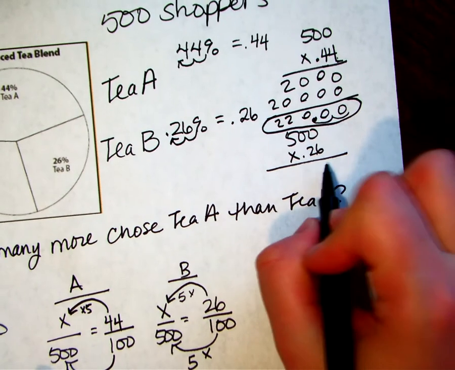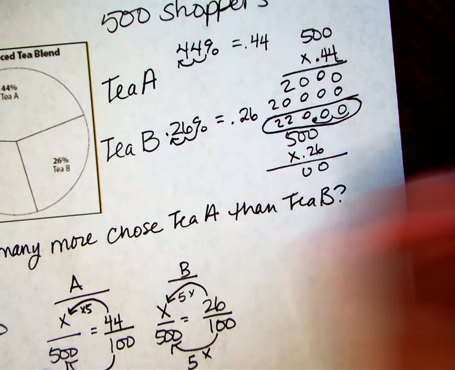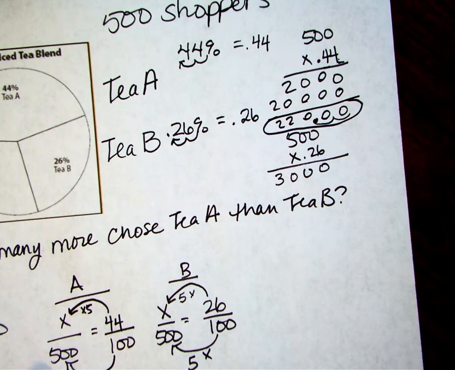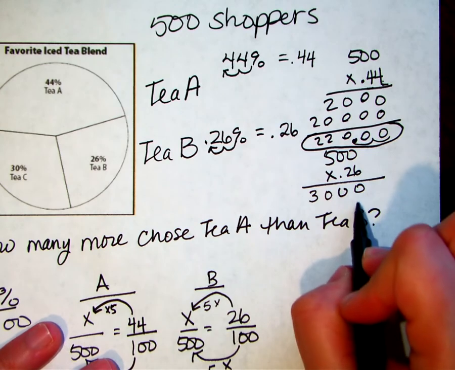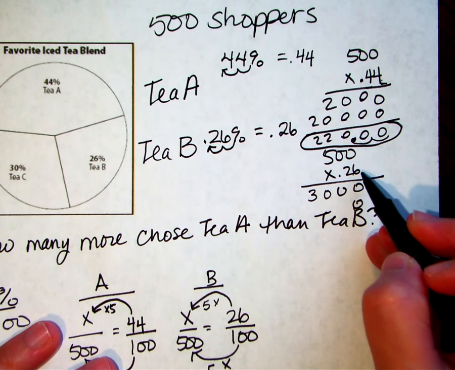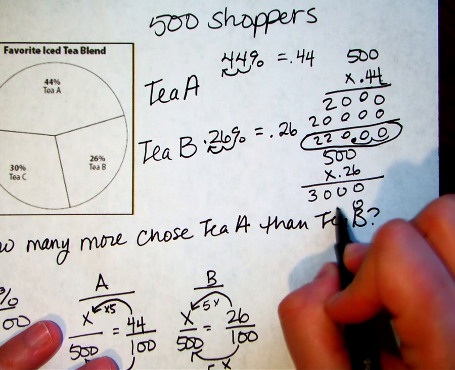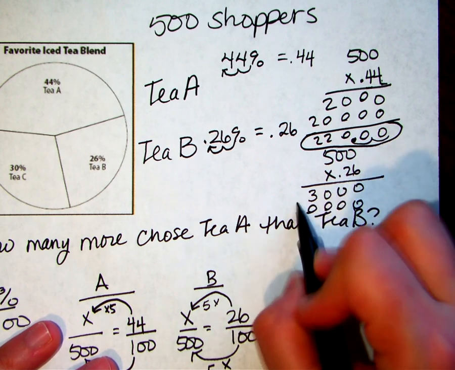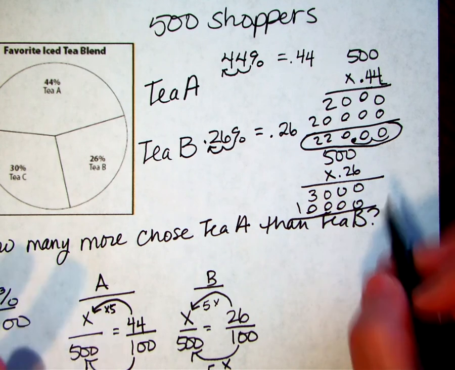So 6 times 0, 6 times 0, 6 times 5 is 30. Then you do times 2. So 2 times 0, actually 0 is my, because we already did 6. Then you should have 2 zeros, and then 2 times 5 is 10. So hopefully we get the same thing.